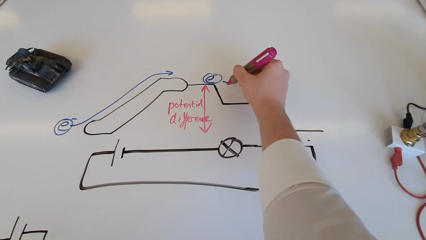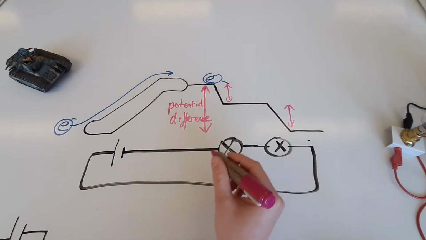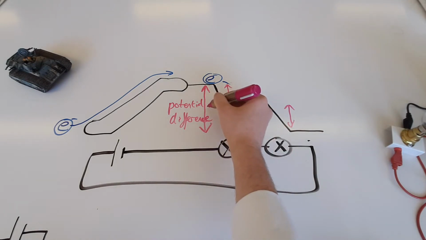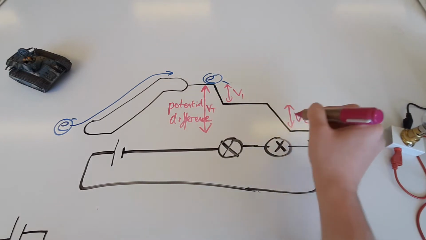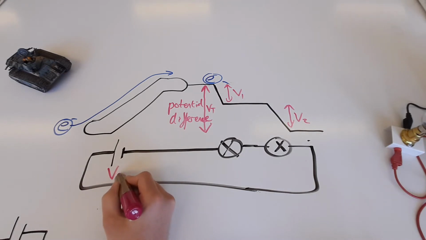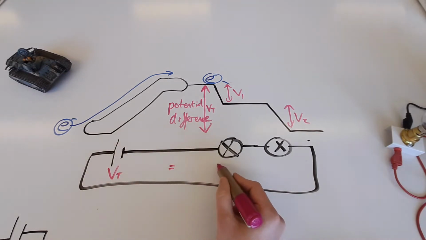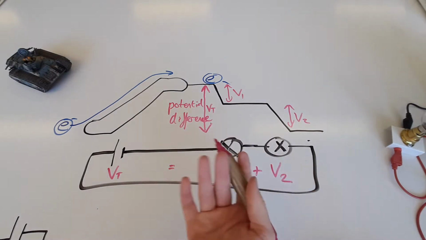So there's going to be a small change there and another change there. If we give this Vt, this is going to be V1, V2. So what we have is the idea that Vt is always going to equal V1 plus V2.